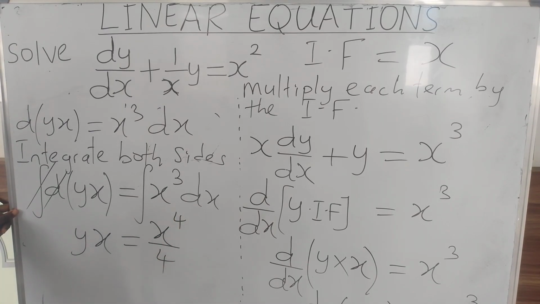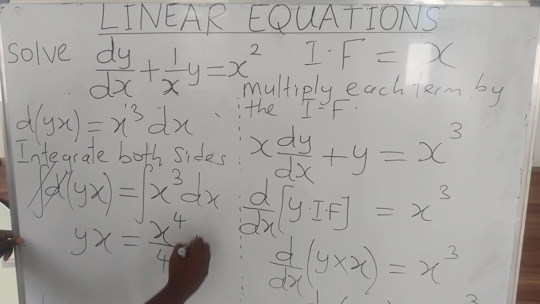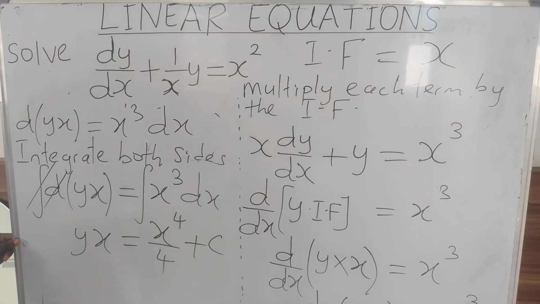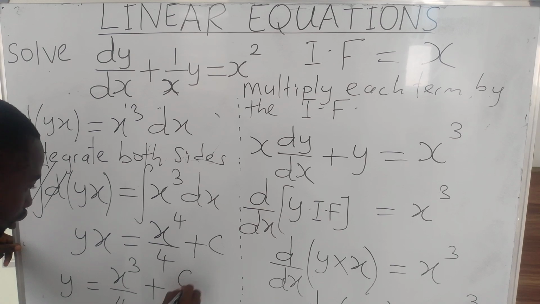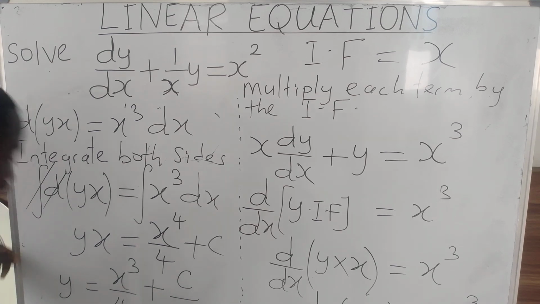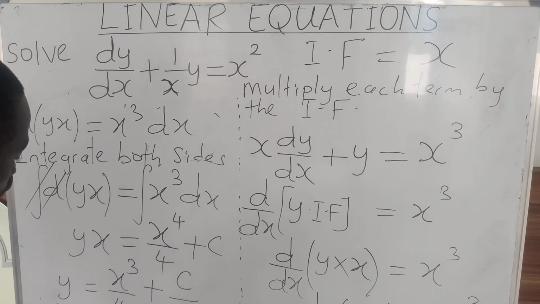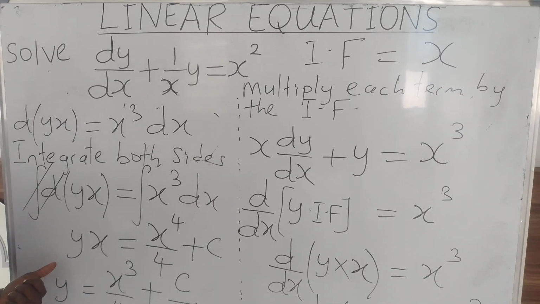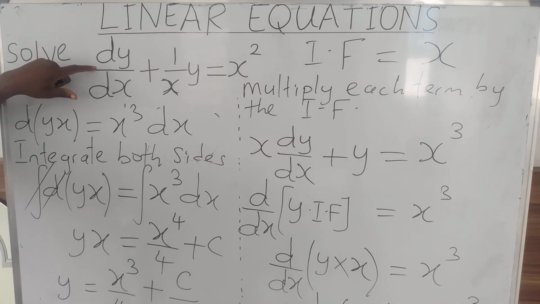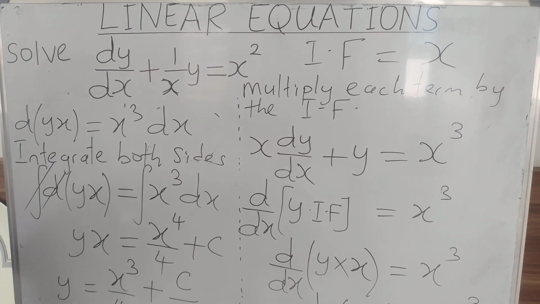Then I will add my constant plus c. So if I divide both sides by x, I'm going to have y is equal to x cubed over 4 plus c over x. So this is the final answer of the solution of this differential equation.